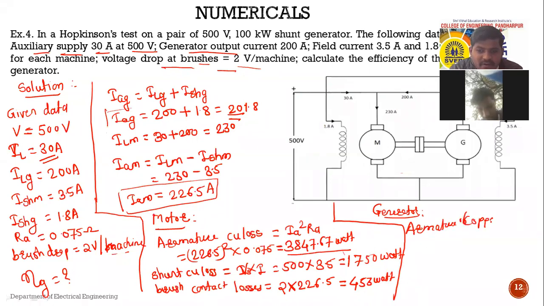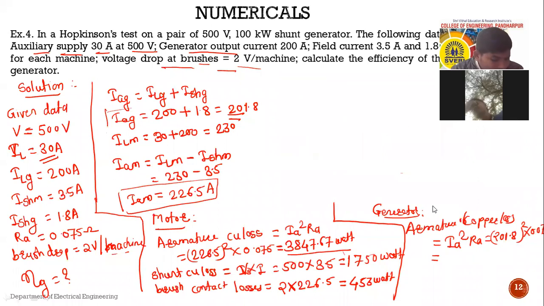Again the formula IA square into RA. जनरेटर चा आर्मेचर करंट किती आहे? 201.8 squared into RA 0.075. आर्मेचर कॉपर लॉस is 3054.24.